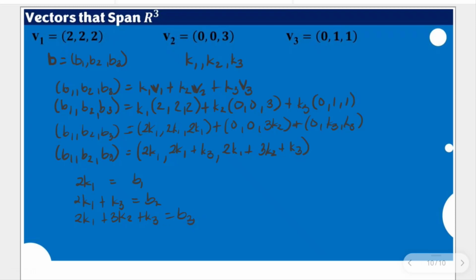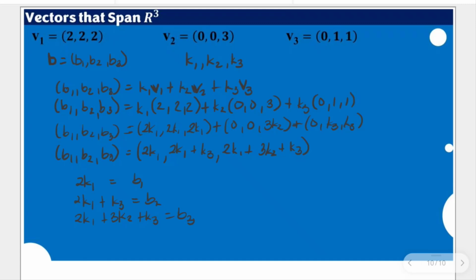Now we have this system of linear equations. However, we don't have exact values for our b vector, which comprises b sub 1, b sub 2, and b sub 3, because we just need to come up with a linear combination of the three vectors that results in this b vector and identify if k sub 1, k sub 2, and k sub 3 exist.